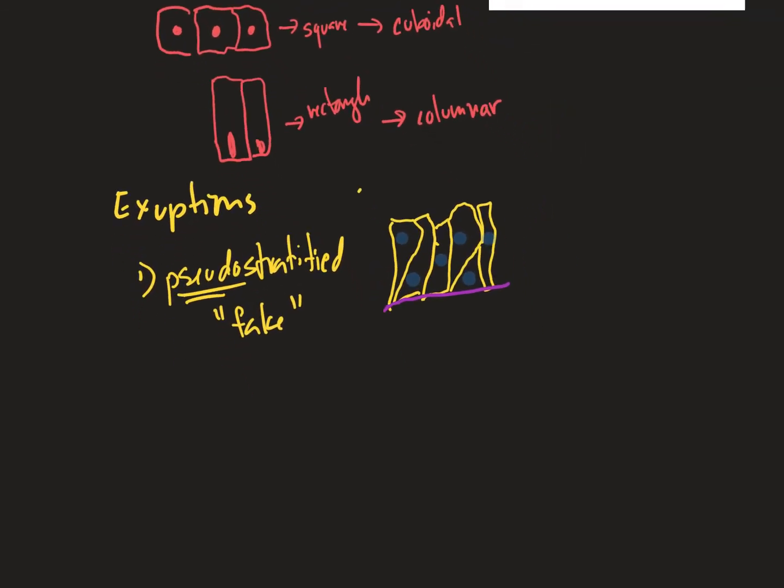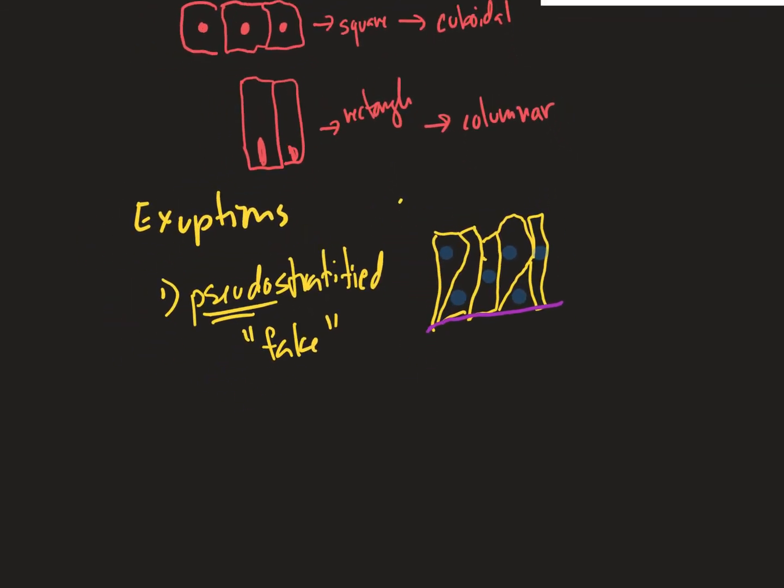The second exception is similar to that in that in one state, sometimes it looks stratified, and other times it looks simple. Okay? So in some cases, you'll see it looks like this with the basement membrane. And then other times, it'll look like this, with the basement membrane.